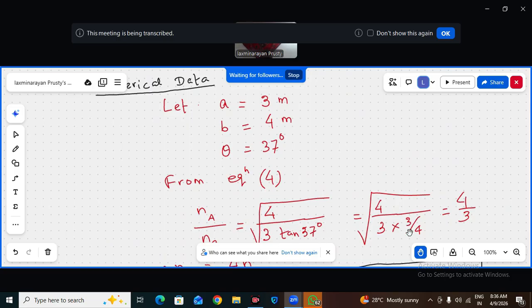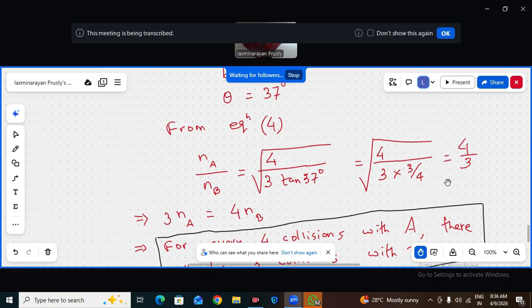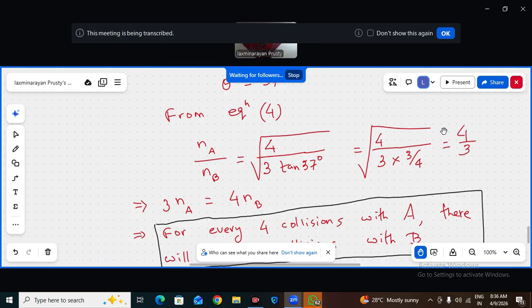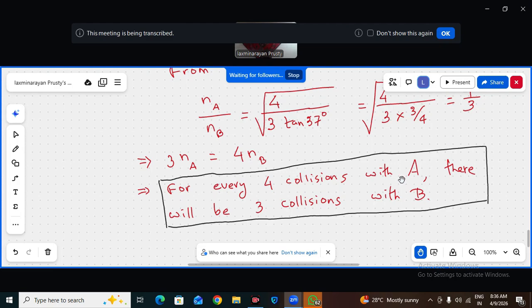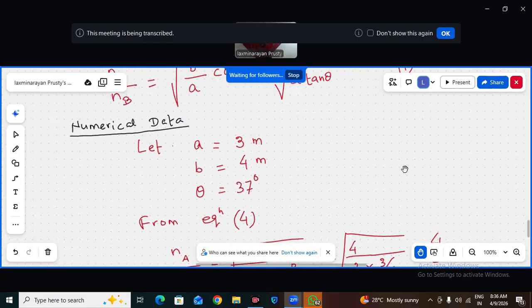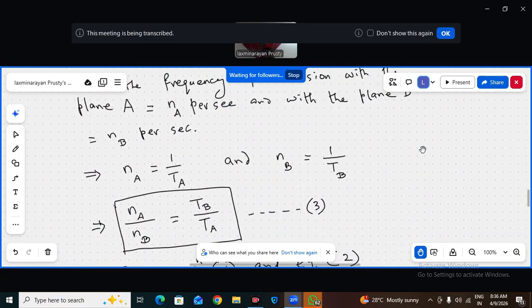Tan 37 is almost 3 by 4. 4 goes up, 3 goes down. So 4 by 3 is NA by NB. So 3 NA is 4 NB. What to get from this? For every 4 collisions with plane A, there will be 3 collisions with plane B. So this is the physical meaning of this ratio of the frequency of collision.